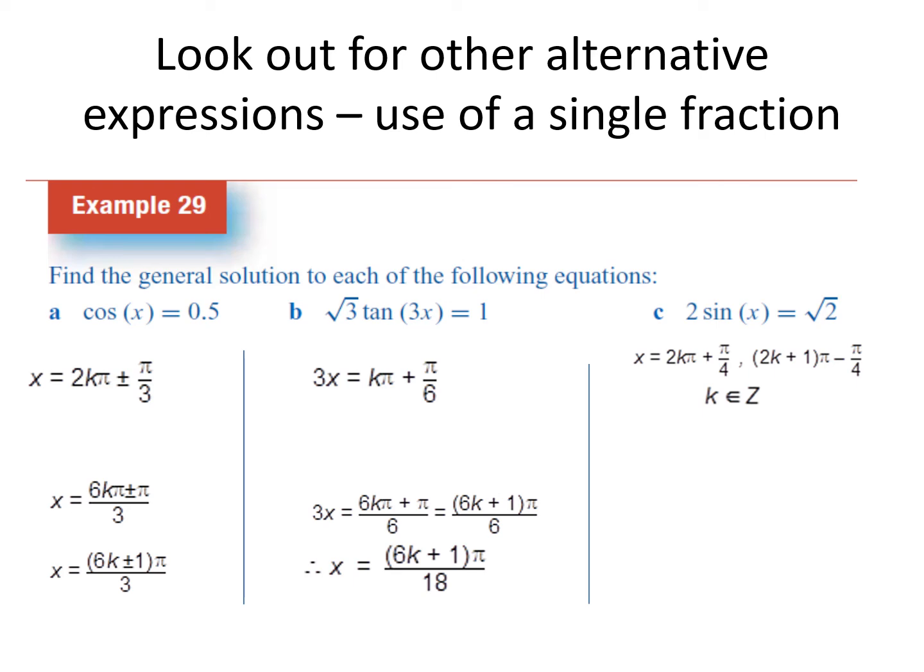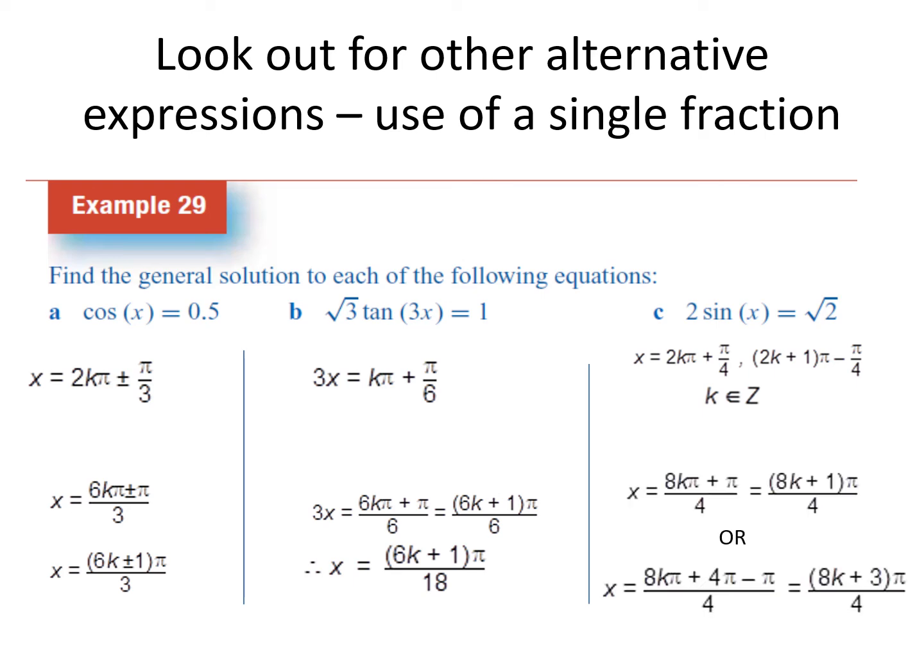That's another way you could go about it, but I'm not going to worry about that for now. Making it one whole fraction, factoring out the pi, and you get those alternative expressions that look quite different. And similarly for the sine expression, you can see making it one whole fraction, factoring out the pi, and you get a form that may match the back of the book or whatever worksheet you happen to be working on.